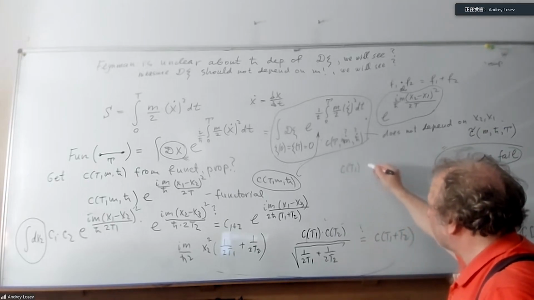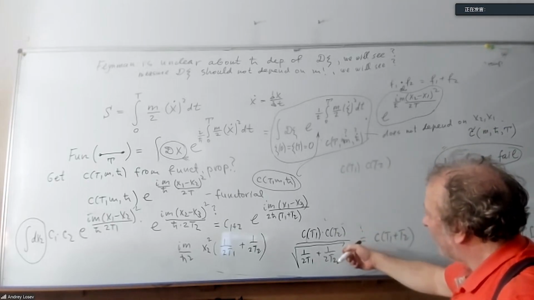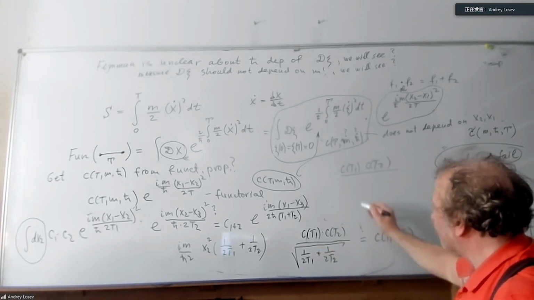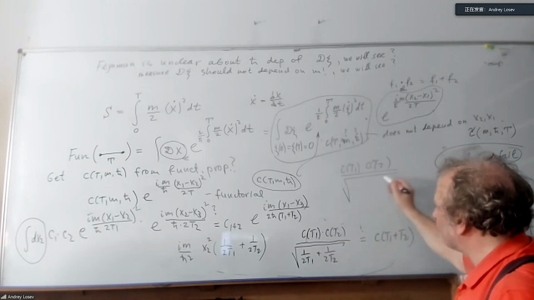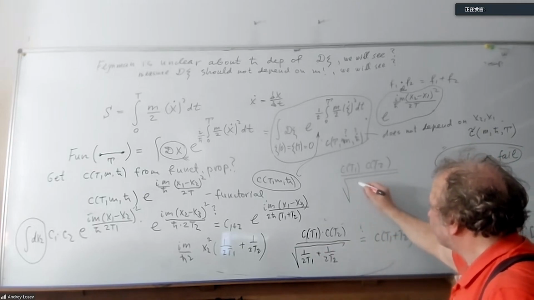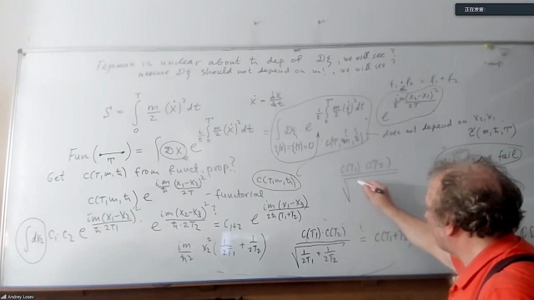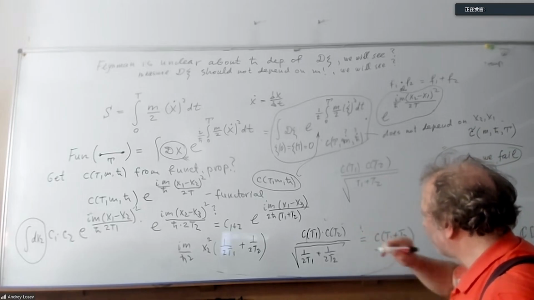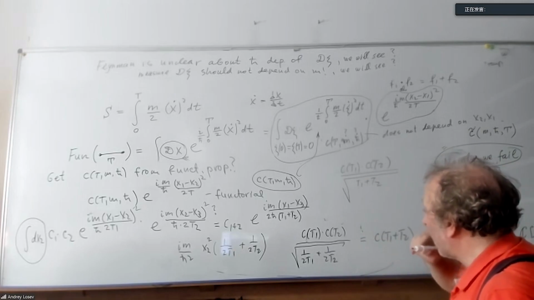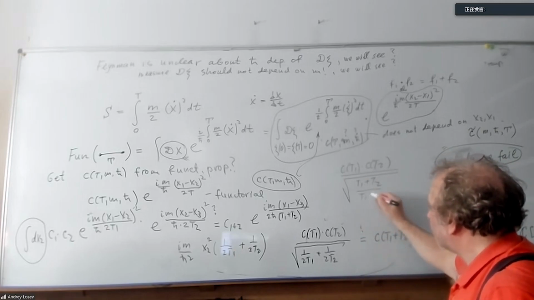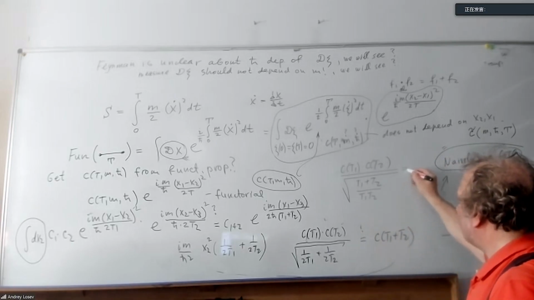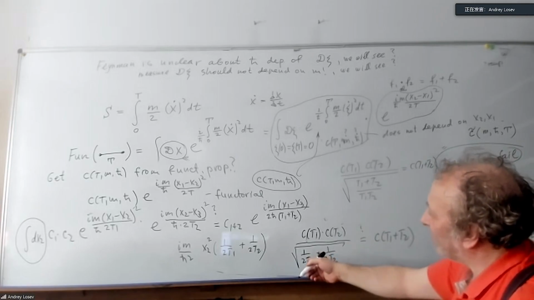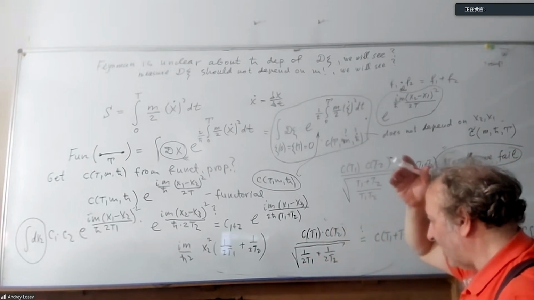C of T1, C of T2, and then I have this difference in denominator, square root of T1 plus T2 over T1 T2 equals C of T1 plus T2. Okay, I'll omit this one half. I don't care.